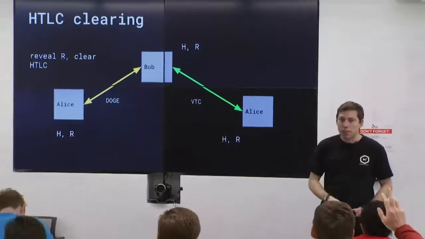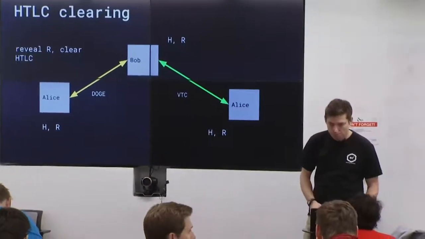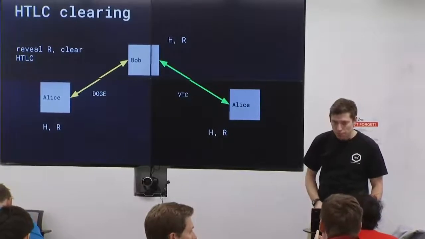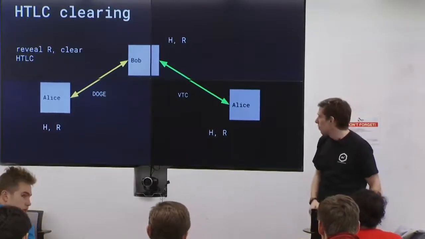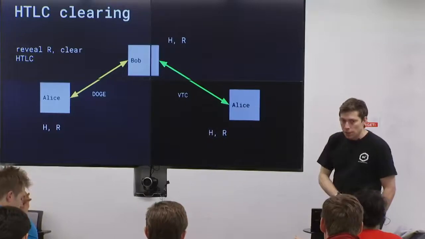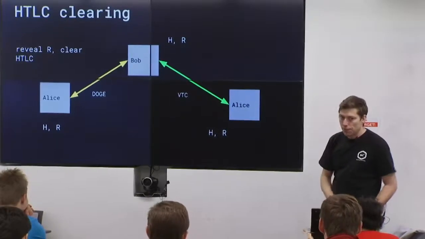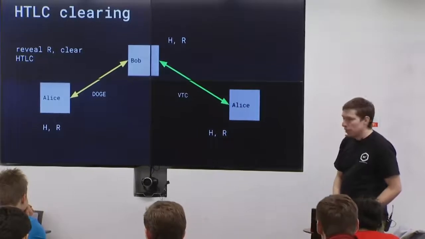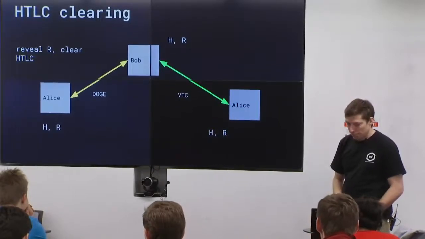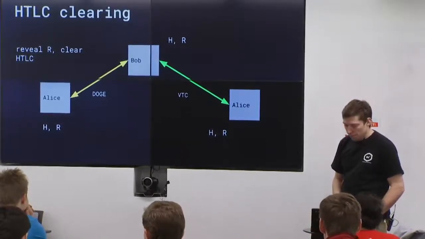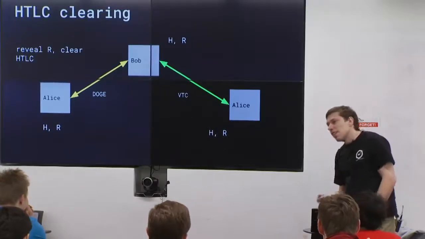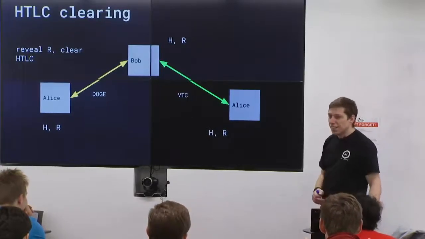But it's possible. Yes? I just want to make sure I'm understanding this. So when they're both Alice, essentially, that scenario is Alice is exchanging Dogecoin for Vertcoin. Yes. And then if on the right is Carol, that's saying Alice is going to pay Carol in Dogecoin even though she's receiving Vertcoin.